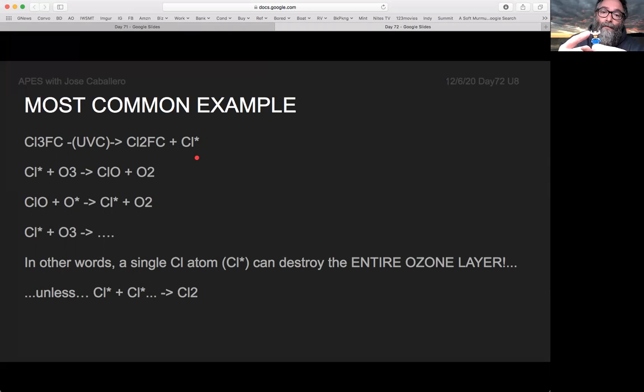He has a wacky hat. That's this one right there. So you could have had a really complicated molecule, and in ultraviolet C, boom, a single chlorine atom. And you have to know that that's a single chlorine atom. And now things are going to get interesting.